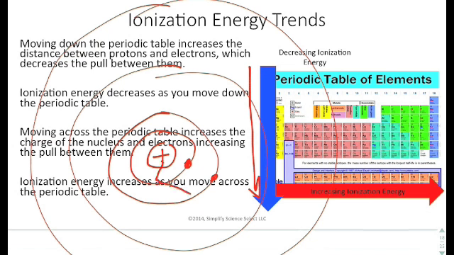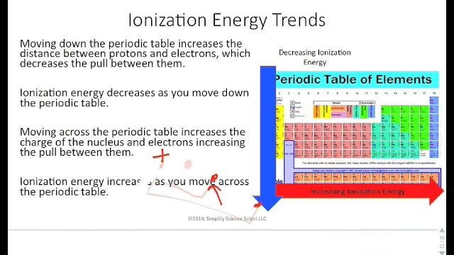Because of the increased distance, the force holding these two things together is not as large. So it is easier to remove this electron from lithium than it is from hydrogen. When you move further out, now you have potassium. The potassium electron is even further away. Because of that, the attraction between the two is even less. So as you move down the periodic table, it becomes easier and easier to remove an electron from an atom.